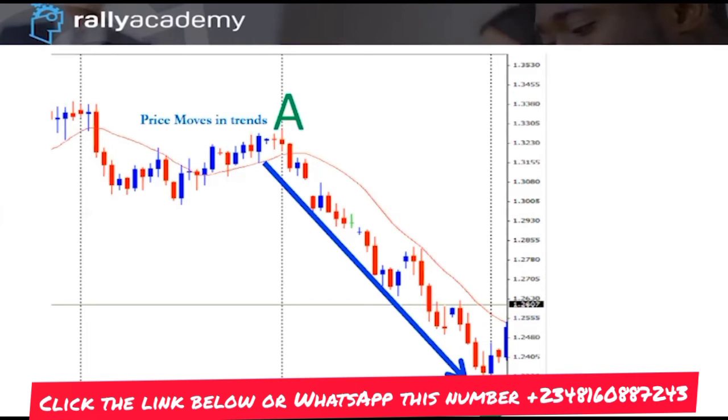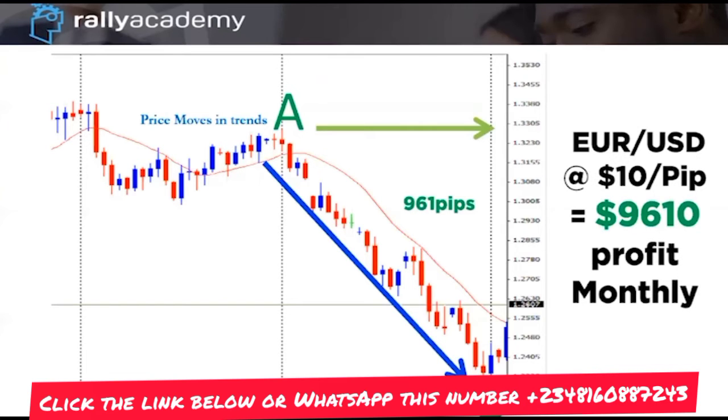That's what I'm saying. And measuring that difference on a chart when it happened, we were able to see a movement of 961 pips. And the movement of 961 pips, when we talk about the profit you make in this type of transaction, is as big as $9,610 and even more. Why?